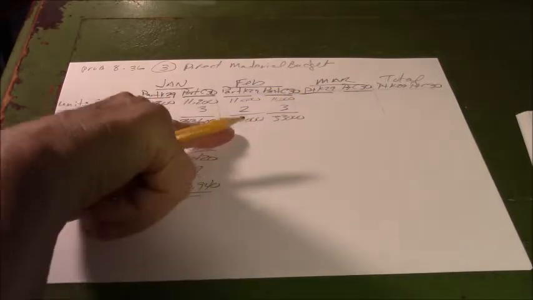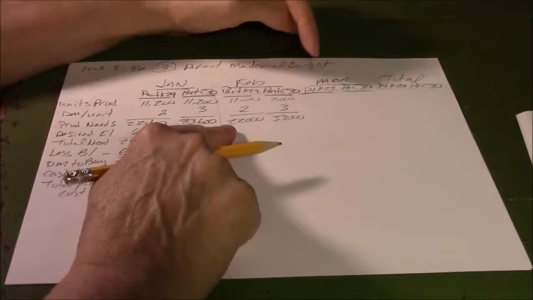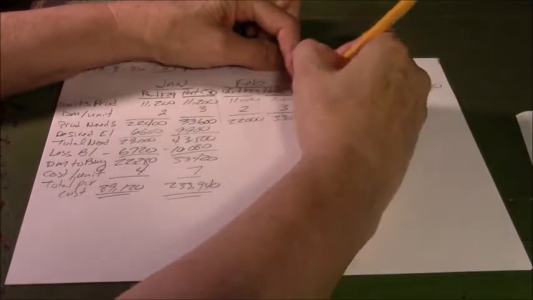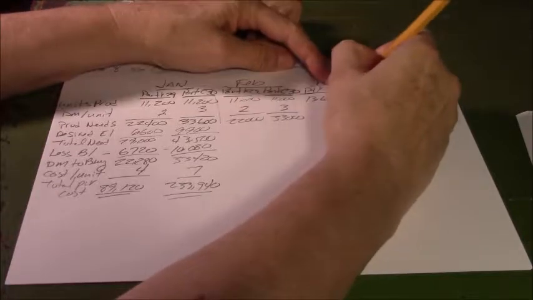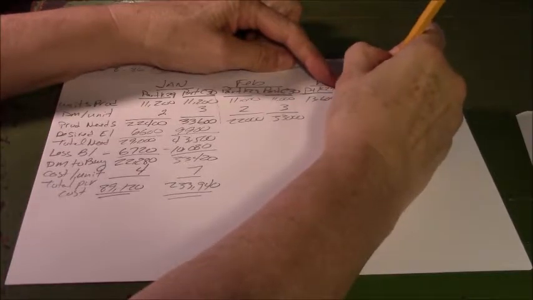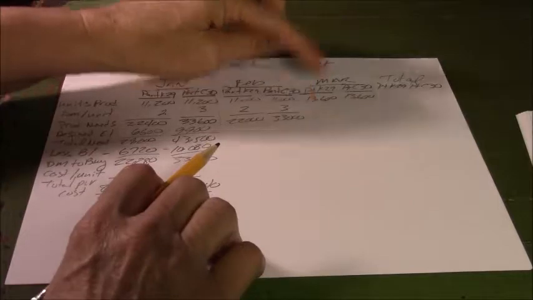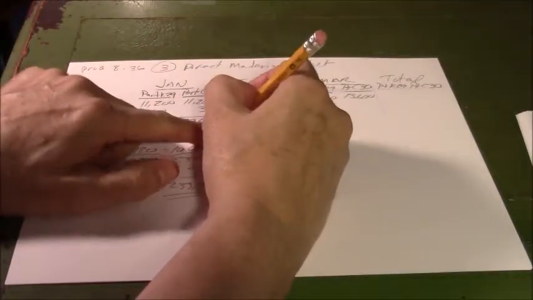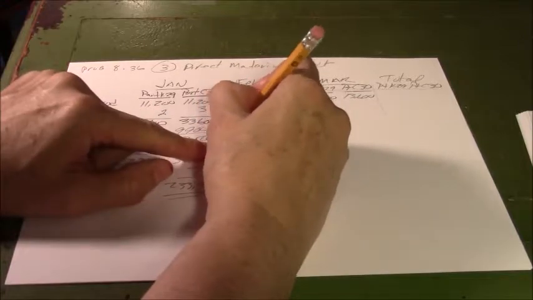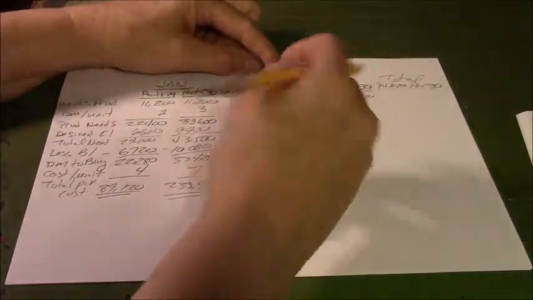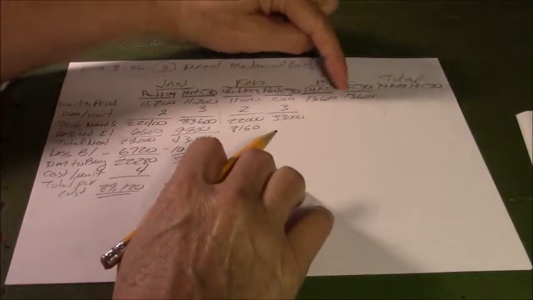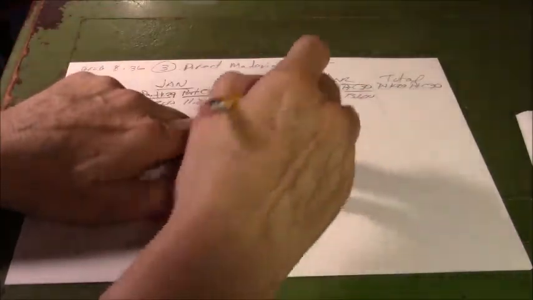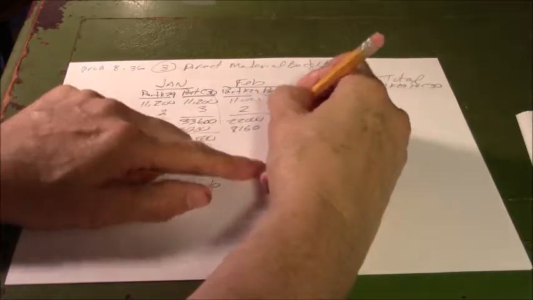The desired ending inventory is 30% of next month's. Next month's is 13,600 times 0.3 times 2 equals 8,160. 13,600 times 0.3 times 3 equals 12,240.